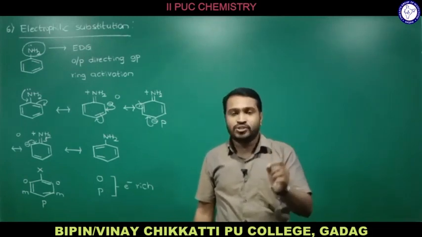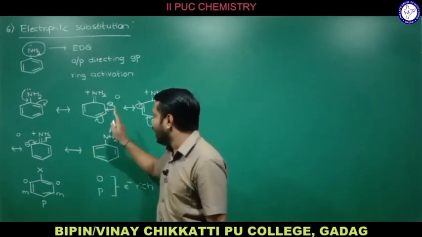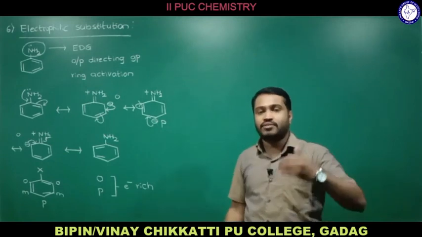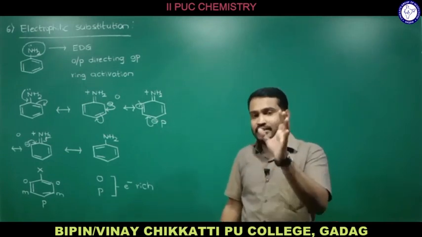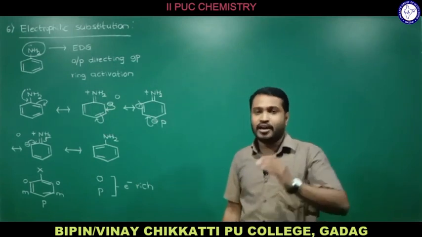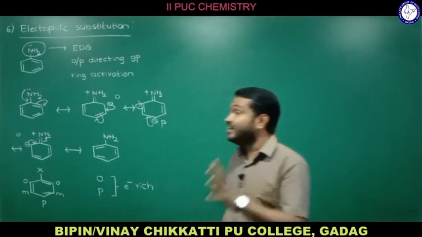Why does it direct to ortho and para only? Because at ortho and para position, the center is electron rich. Because of that reason, the electron donating group directs the incoming electrophile to ortho and para positions. That's the reason we call it a ring activator.